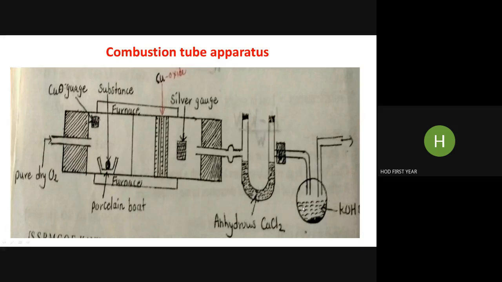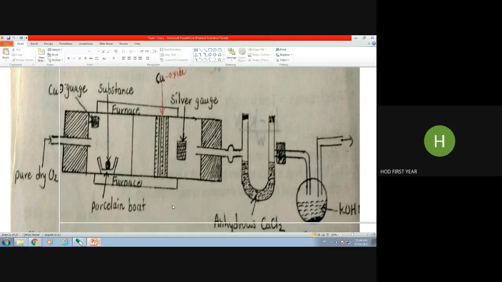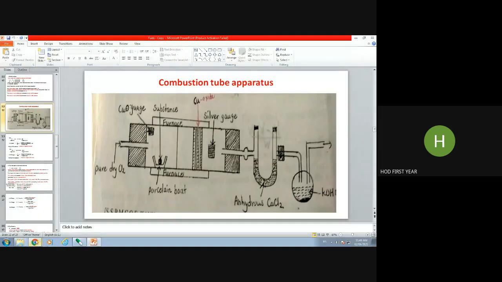Similarly, the difference between the final and initial weight of the KOH bulb is the weight of CO2. So we need these two quantities. I hope you understood how to get it done. This diagram and everything I will post in a PDF, don't worry.